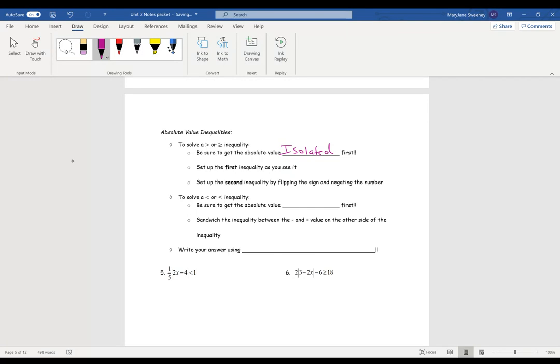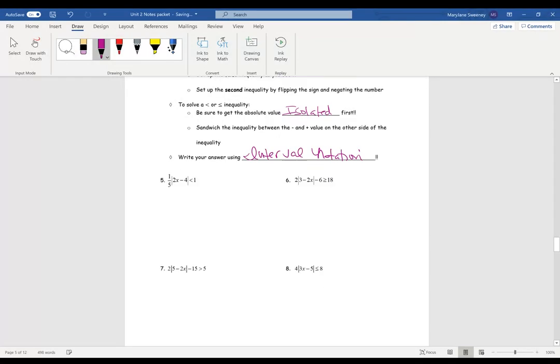If it's less than or equal to, you're still going to get the absolute value isolated first. And then we do something we call sandwiching it in between the plus and minus on the other side of the inequality. Then we're going to write our answer using interval notation.